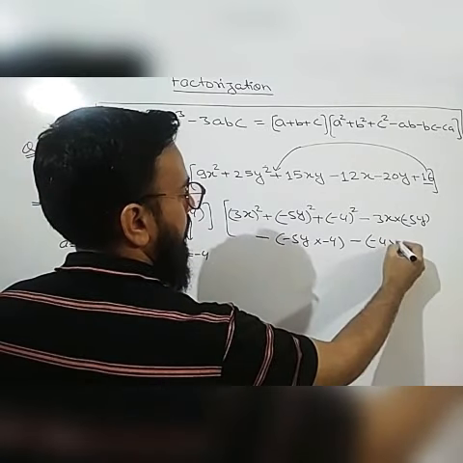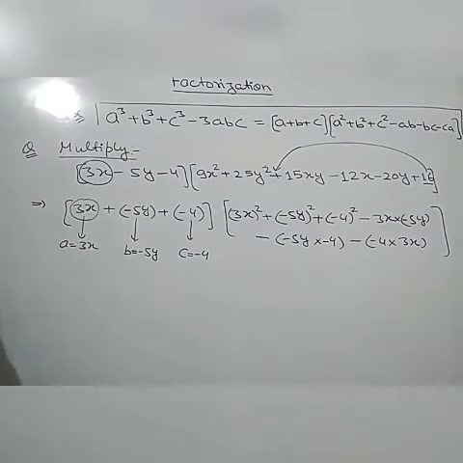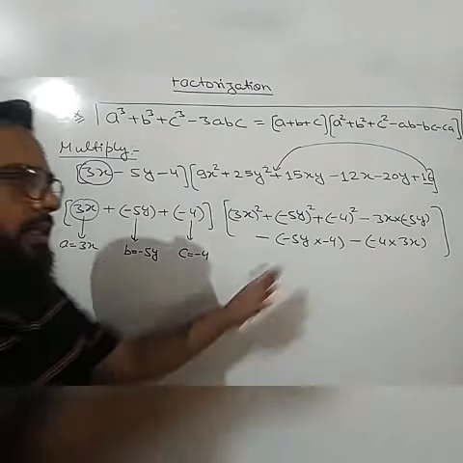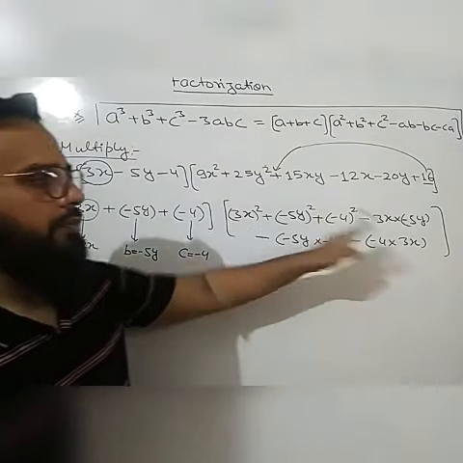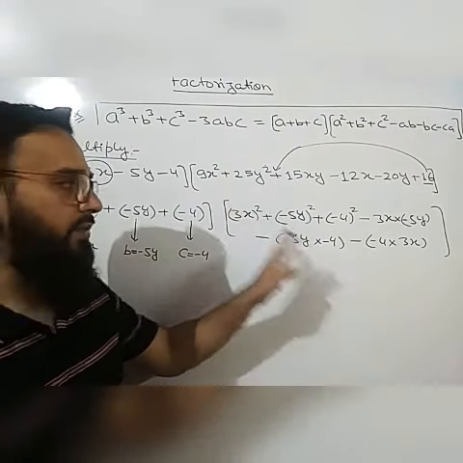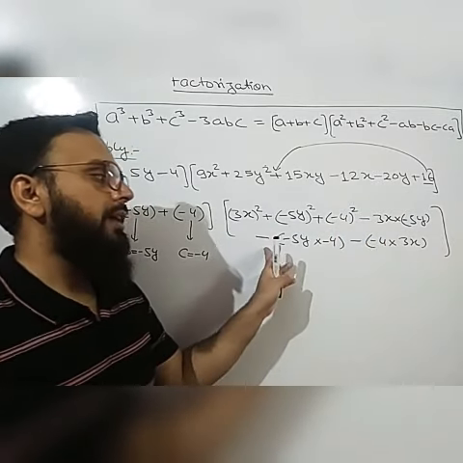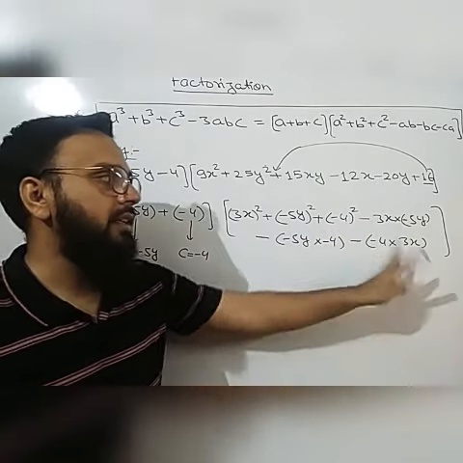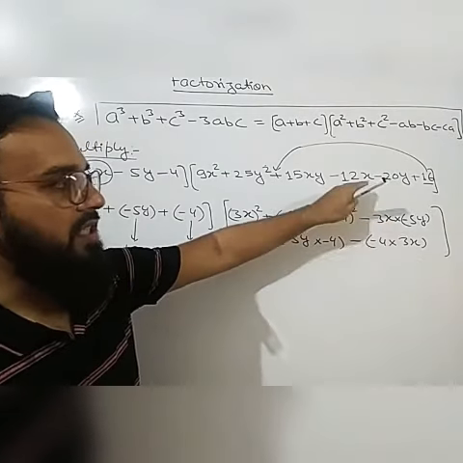It will be minus 4 into 3x. So first you write it directly. If you get the terms a, b and c, then write this particular bracket by yourself. You can write it yourself, because it is a square plus b square plus c square minus ab minus bc minus ca. Now you can check whether the terms are coming same or not.